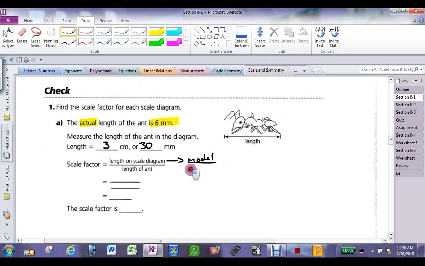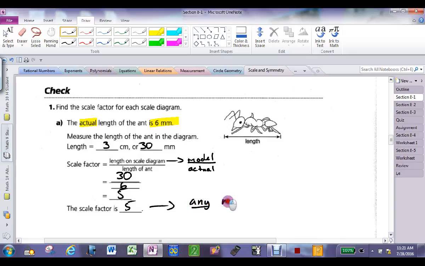Now, scale diagram, model, over ant, actual. What's the measurement on the model? 30. What's the measurement of the actual? 6. What's 30 divided by 6? 5. So what is the scale factor? 5. What does that mean for us?